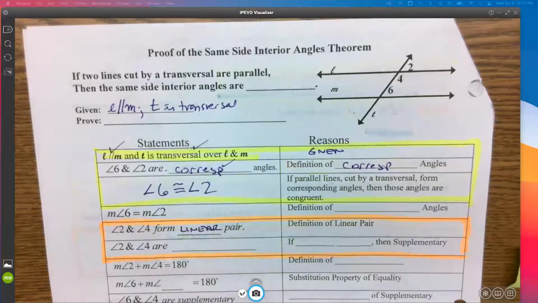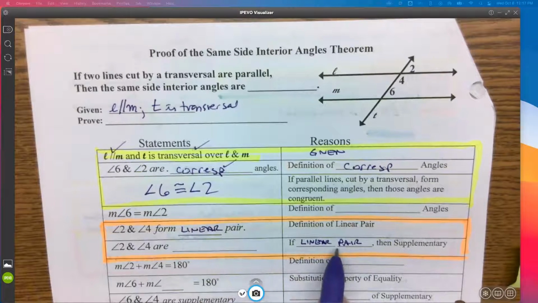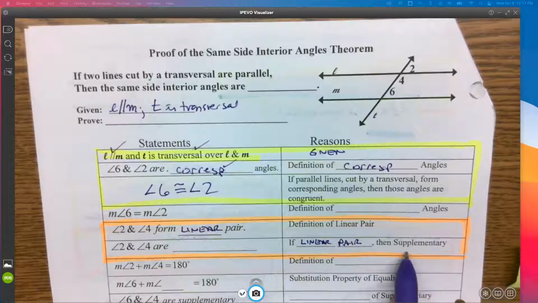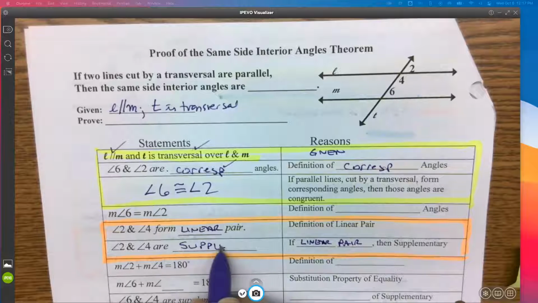If linear pair, then what? Yes. Which means if we've established they're a linear pair, which we have, the hypothesis is true, therefore the conclusion must follow by the law of detachment. So therefore 2 and 4 are supplementary. That's different than our last one.